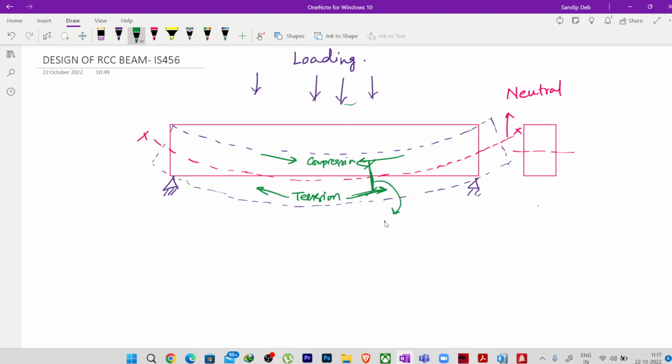The distance between these two, we can call it the lever arm. So we are getting two opposite forces, or you can say stresses, with a lever arm.